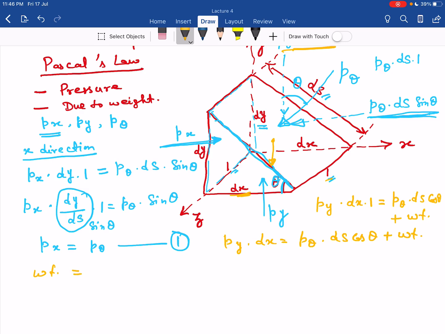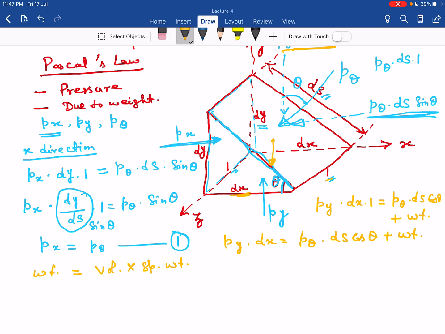We can write from the definition of specific weight: weight is equal to volume into specific weight.